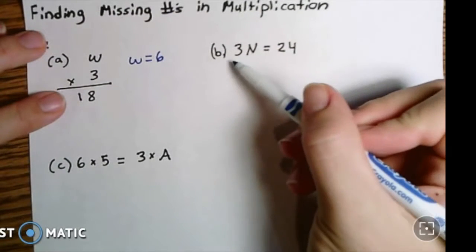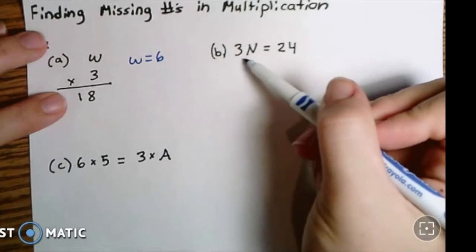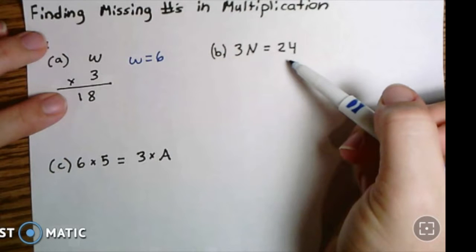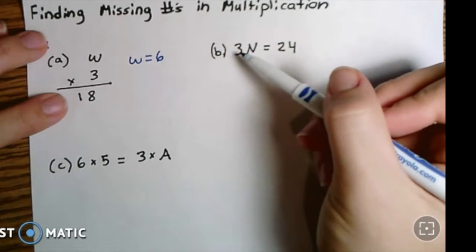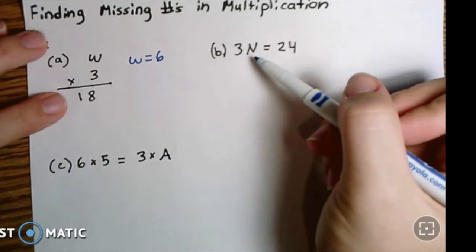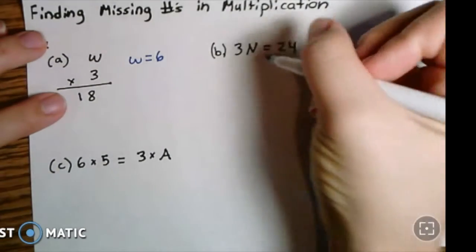In this one, 3 times a number equals 24. So what number times 3 equals 24? Good, 8. 3 times 8 is 24, which also tells me that 24 divided by 8 would be 3, or 24 divided by 3 would be 8.